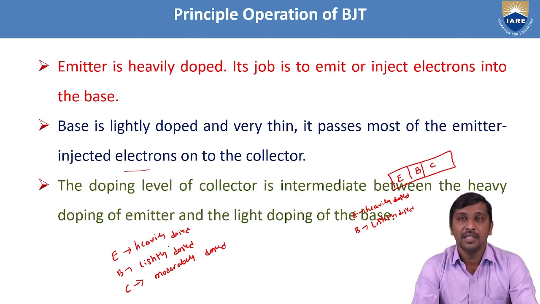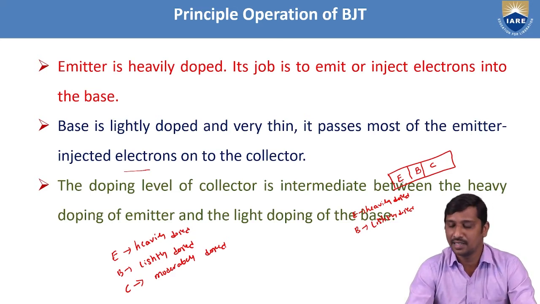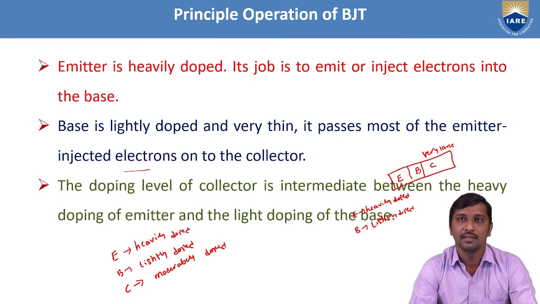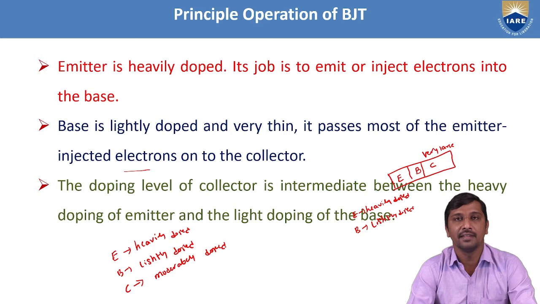Coming to the regions, meaning the widths of the terminals, emitter, base and collector. Here we observe the base region is very thin, but the collector is a very large region, and the emitter region is moderate. But the doping levels: the emitter is a highly doped material, but its region is moderate. The base is very lightly doped, and the region is very thin.